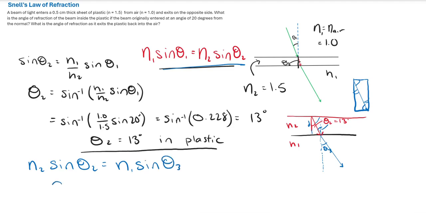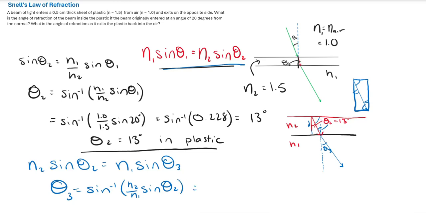And we want to solve for theta 3, and we're going to do the same order that we went up here, and we're going to end up with theta 3 equals inverse sine of N2 over N1 times the sine of theta 2.